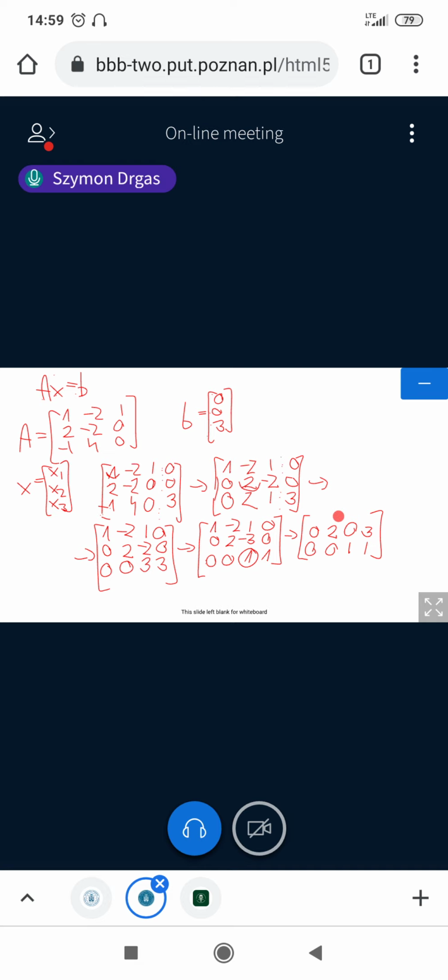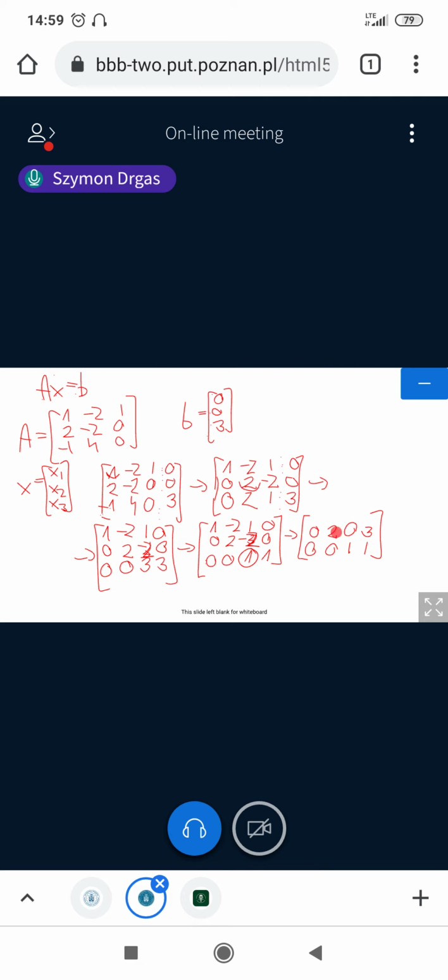Okay, I think that I made a mistake here because it is -2, and I don't know why I rewrote it as -3.